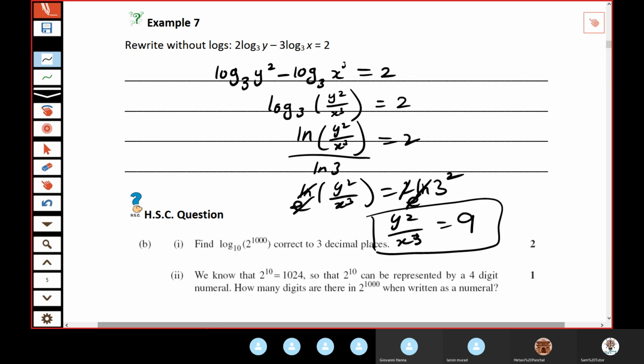Let's start from the beginning. I brought the power up, then I combined them using the fact that logs are subtracted, you can divide. Change of base, multiplied it, and start solving.